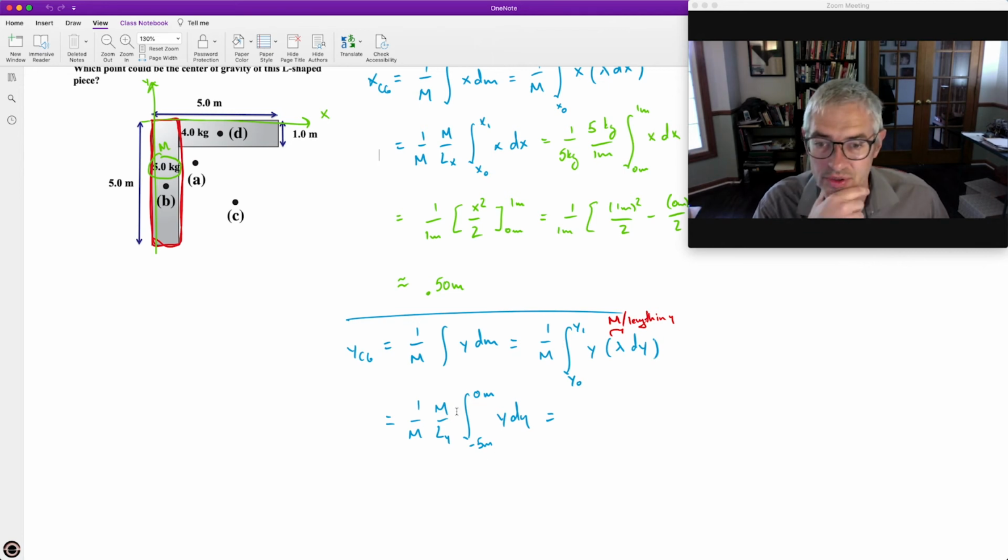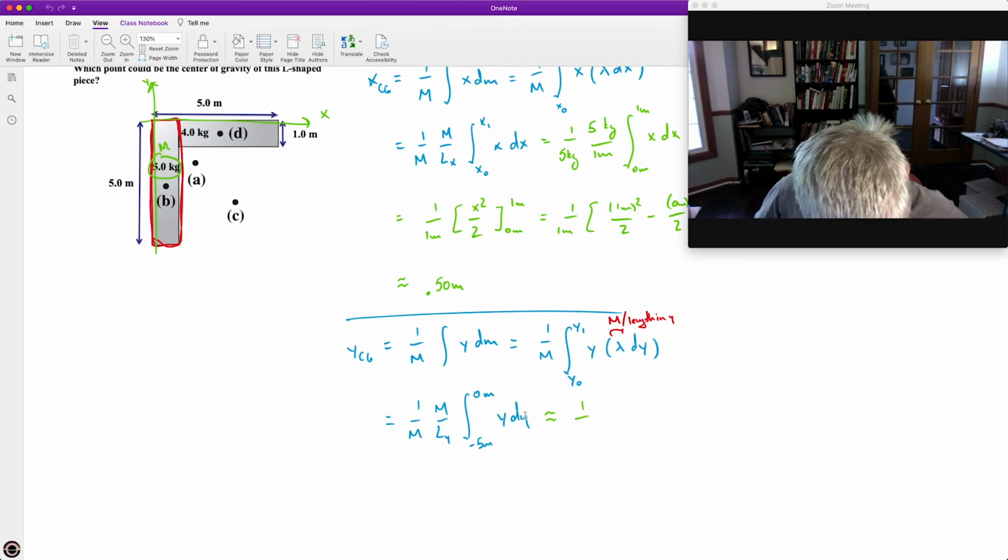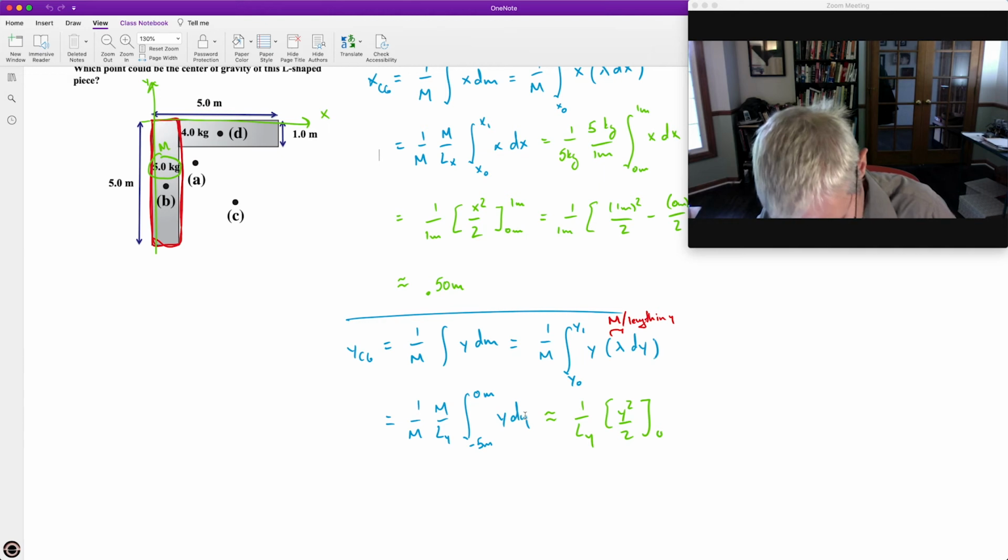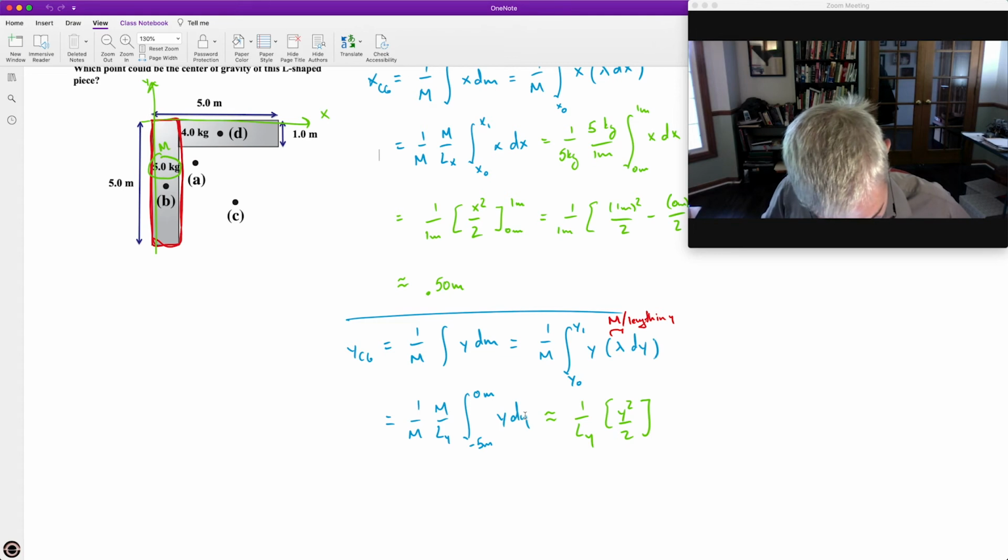All right, so we get 1 over 5 kilograms here times 5 kilograms over 5 meters, and then the integral of y dy gives me y squared over 2. So I get 1 over the length in y times y squared over 2 from minus 5 meters up to 0 meters.